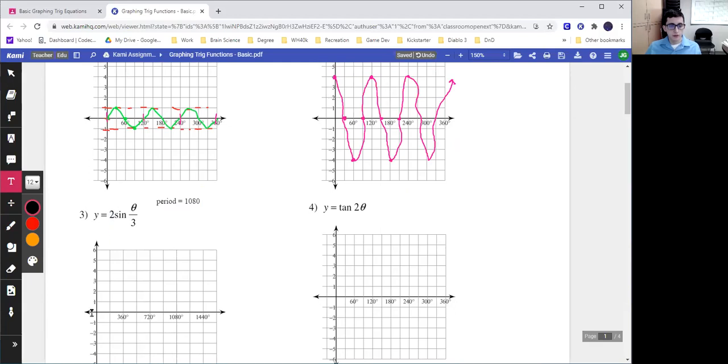The amplitude: remember, changing the period doesn't change how high or how low the sine or cosine function go, but multiplying it by 2 will. So this tells us our amplitude is going to be 2.